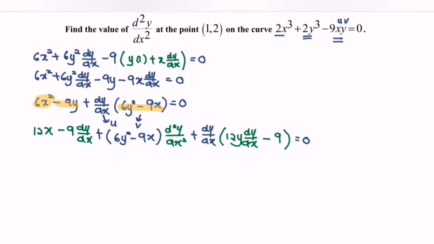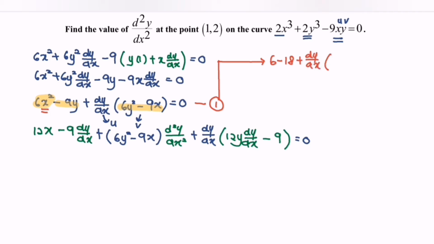Now we are going to find the value of dy/dx and make use of this output. So now we are going to substitute x equals 1 and y equals 2. First we have 6x squared where x is 1, so we will have 6 minus 18 plus dy/dx bracket.